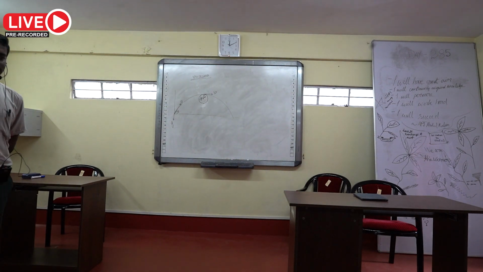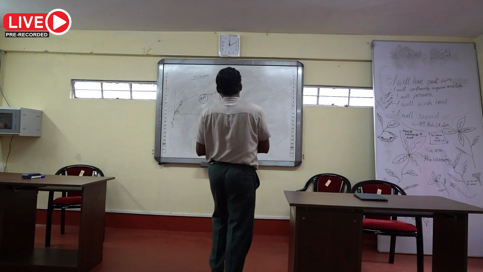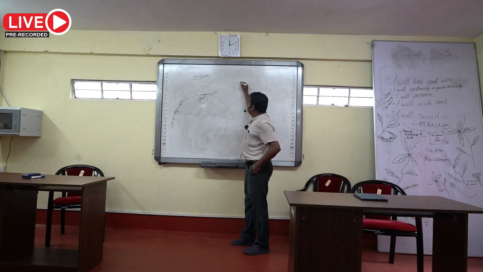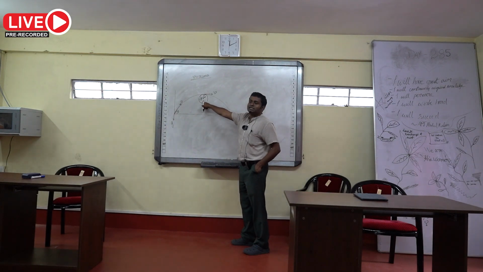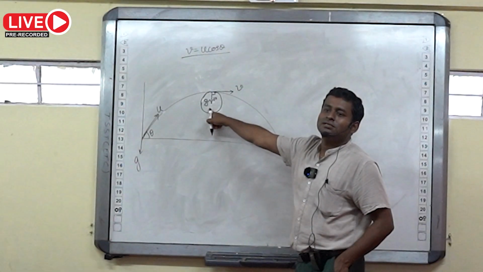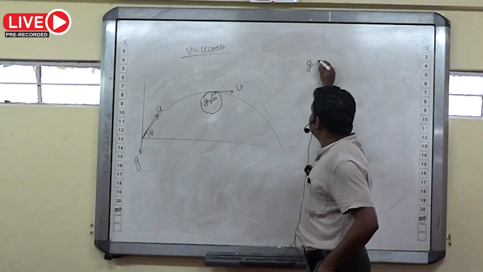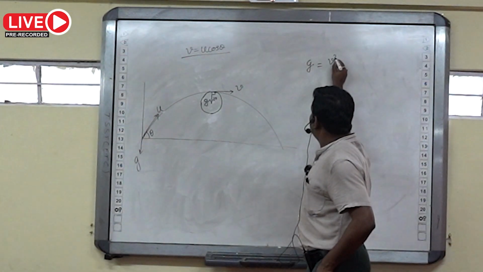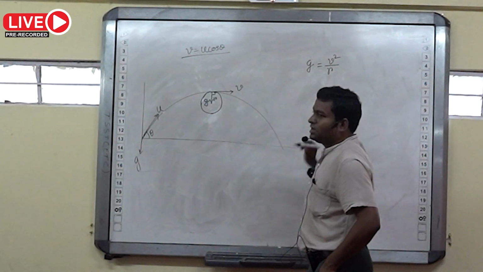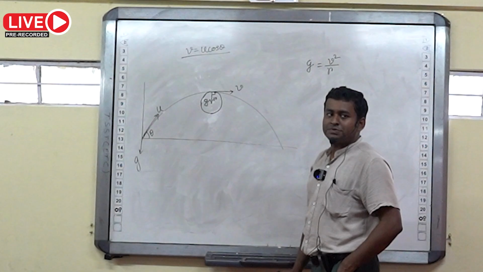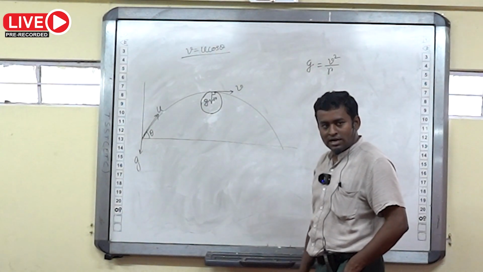Okay. So whenever you read circular motion, keep this in mind. Now, which acceleration is towards the center here? G. So g can be written as V square by r, because the form of centripetal acceleration is V square by r.